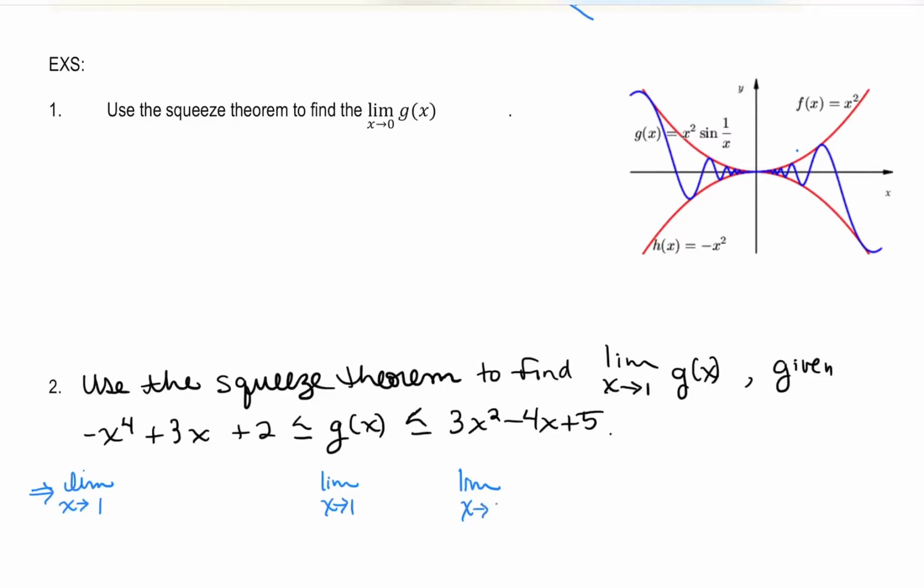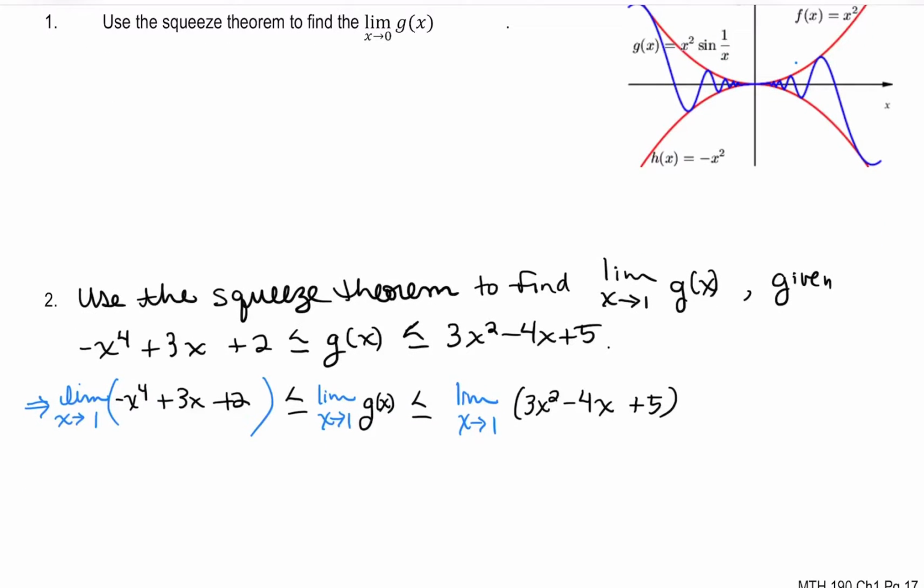So essentially, I'm going to be taking the limit as x approaches 1 of my negative x to the fourth plus 3x plus 2, and that's less than or equal to my limit as x approaches 1 of g of x, which is going to be less than or equal to the limit as x approaches 1 of the 3x squared minus 4x plus 5. All right, now let's actually evaluate these limits.